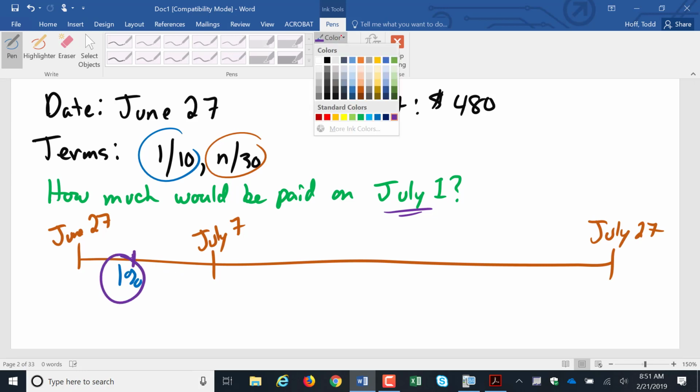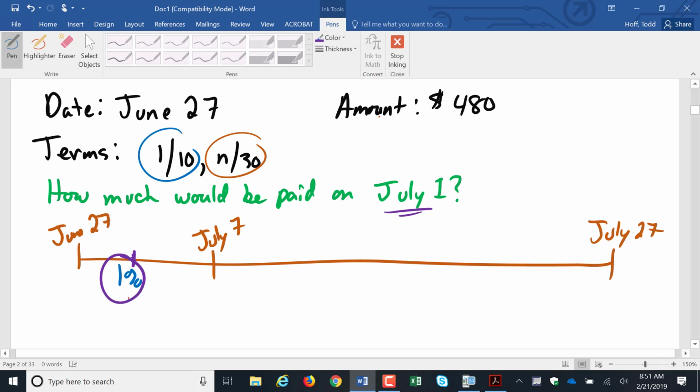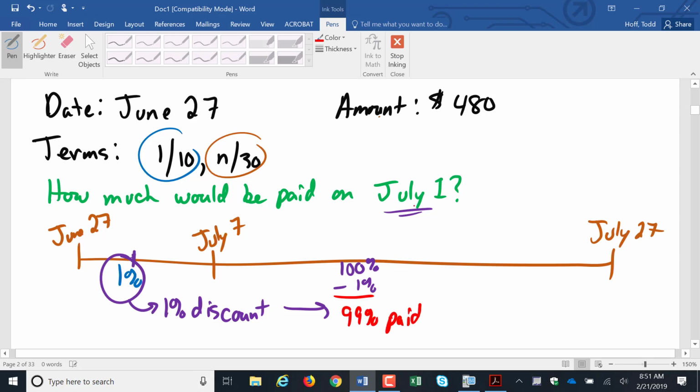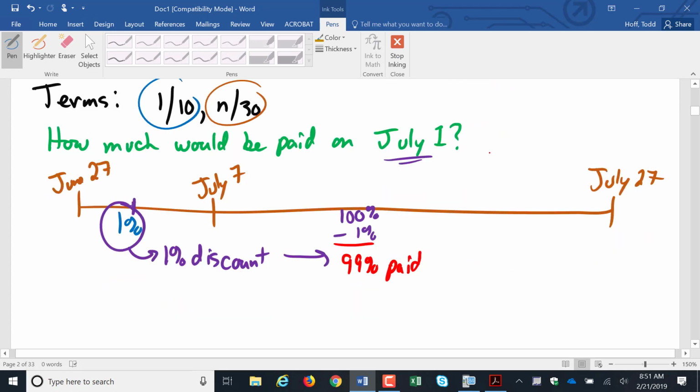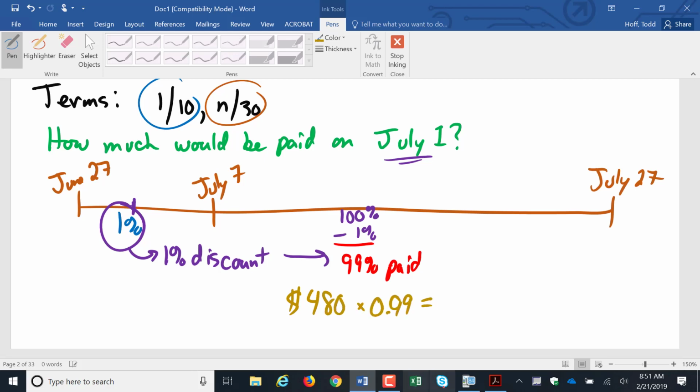Now, just like we did with our trade discounts, we're going to use a complement. A 1% discount, the complement of that is 100% minus 1%. That's 99% paid. So what we're going to do is we're going to take our invoiced amount of $480 and multiply by 0.99.